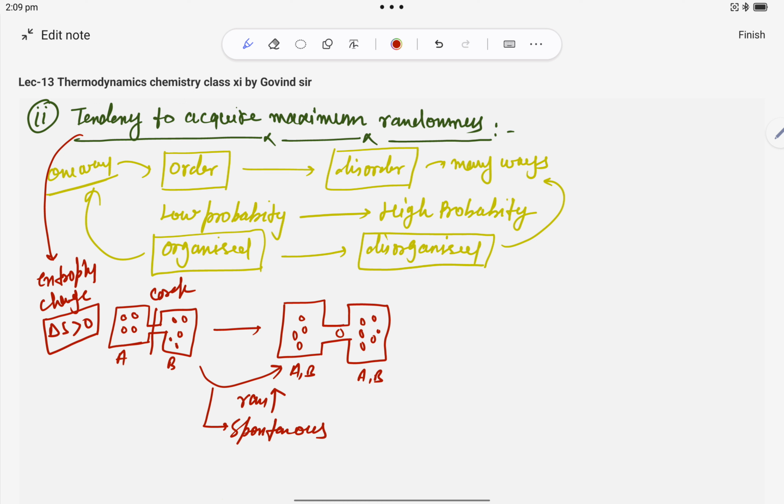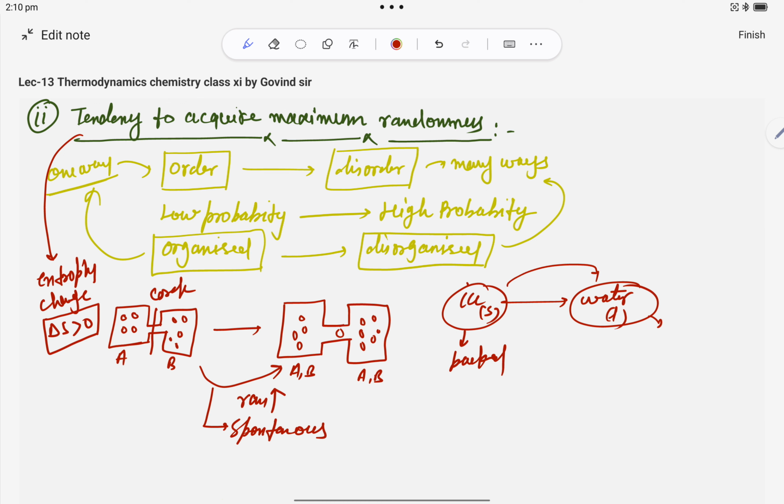Like what? Check it. Ice, solid state, to water, liquid state. So ice is an organized system, solid is what? Packed structure, and water is what? Disorganized system. So from ice to water, what?